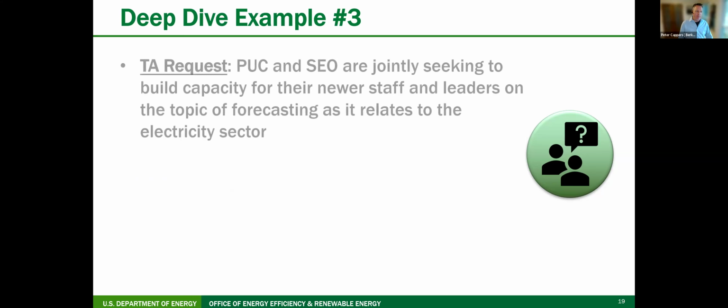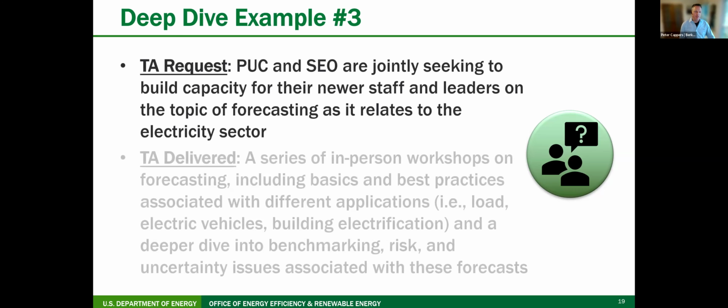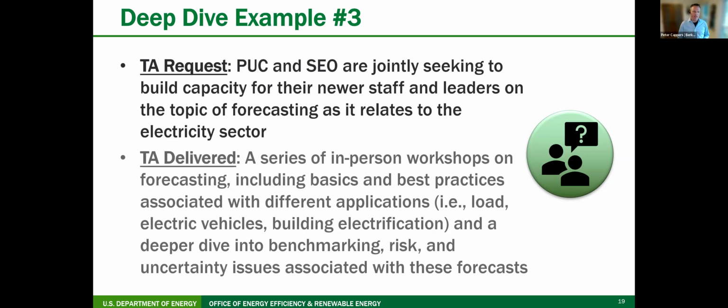Now, in this last example, several managers at the State Utility Commission and Energy Office are jointly interested in building the capacity of their staff in relation to forecasting in the electricity sector. They submit a request for lab staff to develop a series of in-person workshops on the topic.